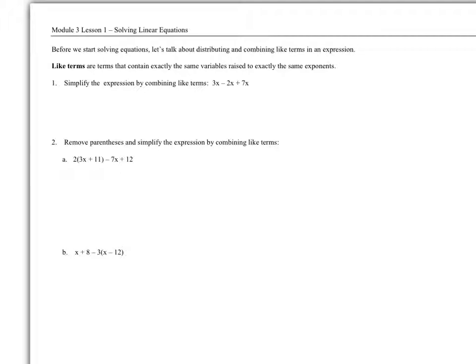So if we look at number 1 here, you will see that all of the little individual terms, and there are 3 of them, contain an x, and they contain a number in front, which is called a coefficient.